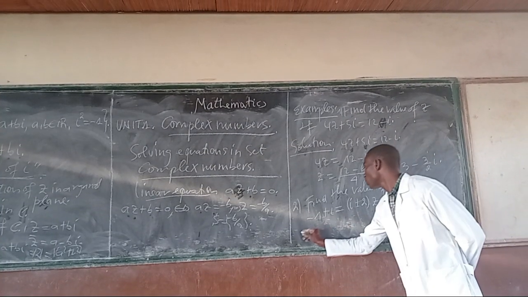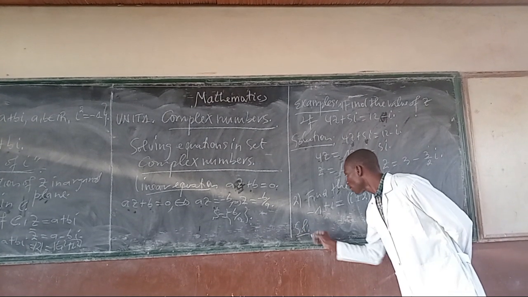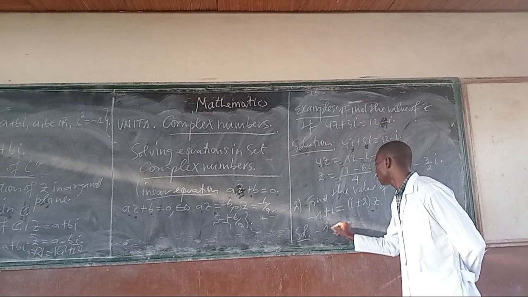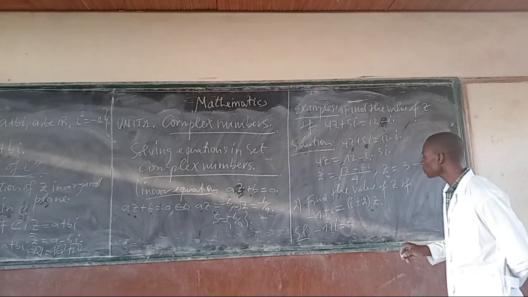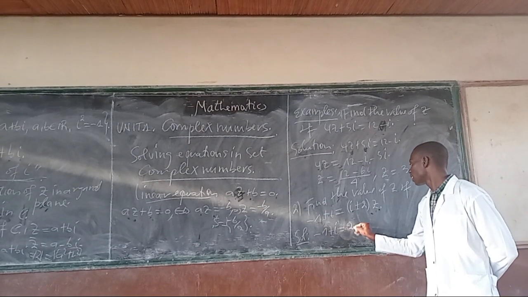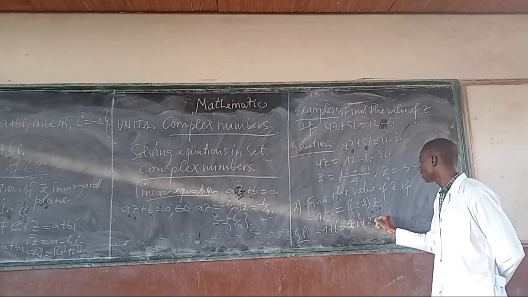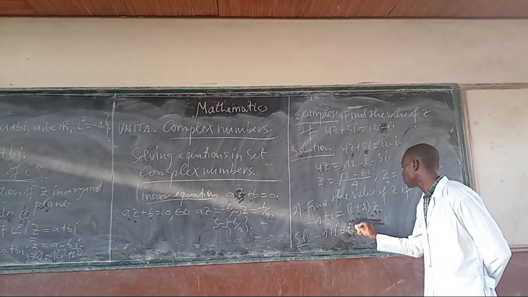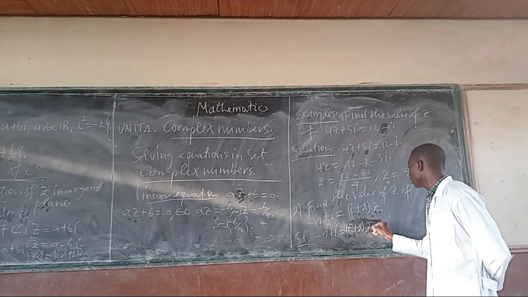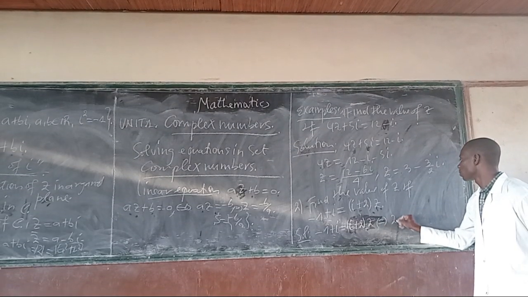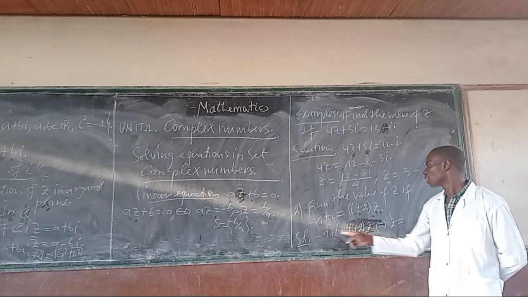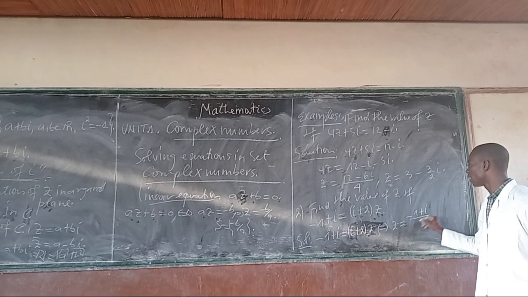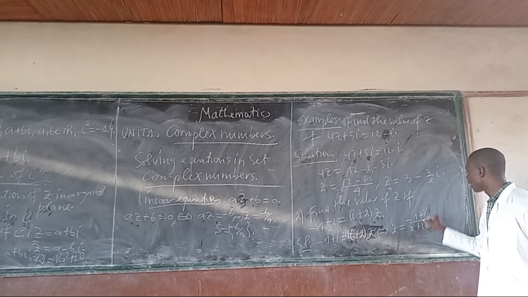Let's solve this one. We have negative 1 plus i, which is equal to zi plus 2z, but you can find this without multiplying. We have i plus 2, then z. This implies that z should be equal to, because we are finding the value of z, negative 1 plus i over 2 plus i.